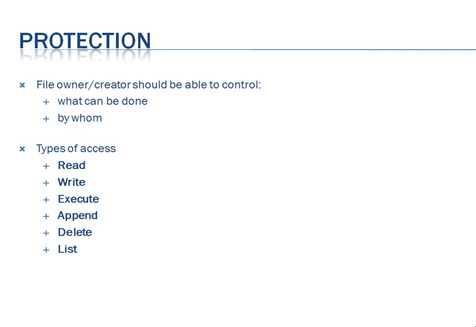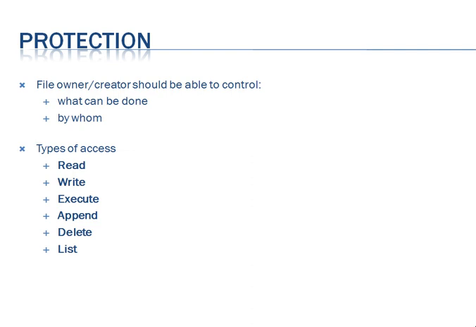Let us see protection. The file owner or creator should be able to control what can be done by whom. The file owner, who has created the file, should be able to control what operations can be performed on the file and by what sort of users.